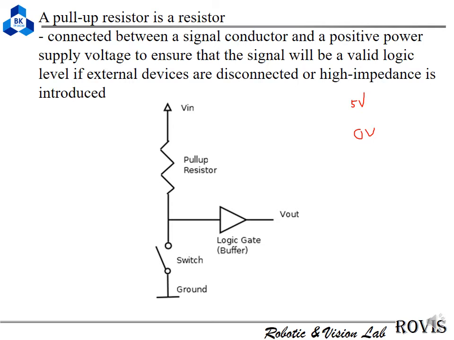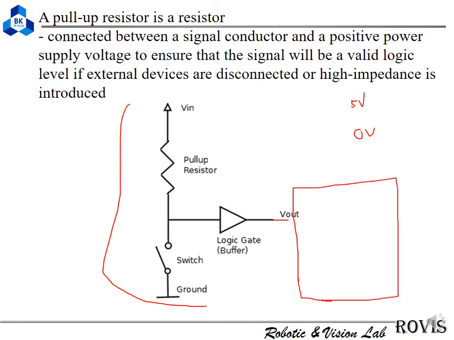In the picture here, we connect this to the pin of the microcontroller. At the initial state, what is the value of Vout? Vout is equal to Vin, right? Vin.